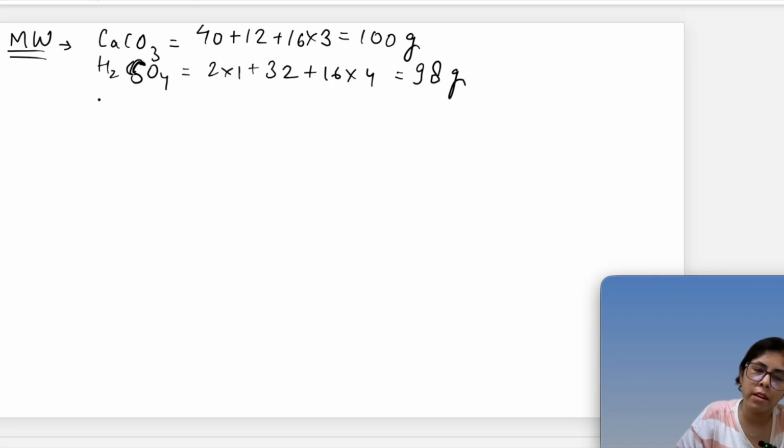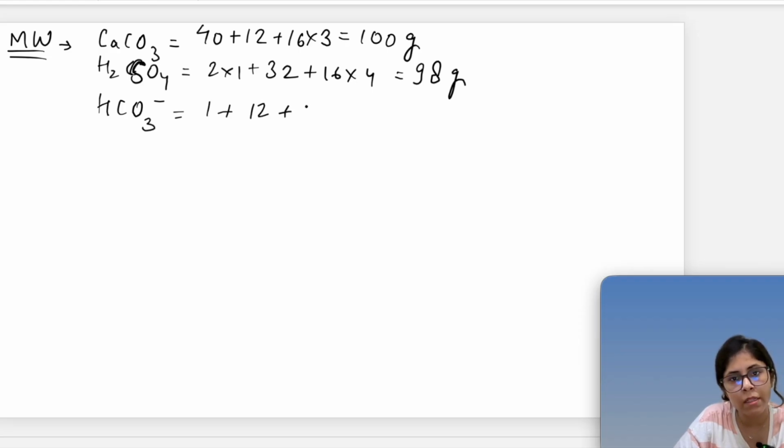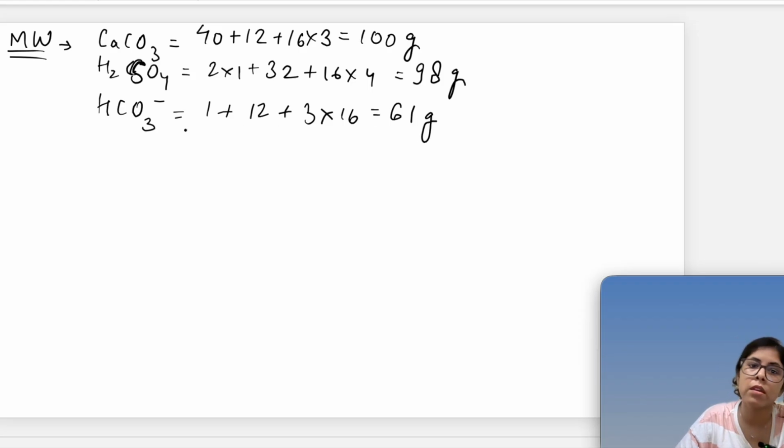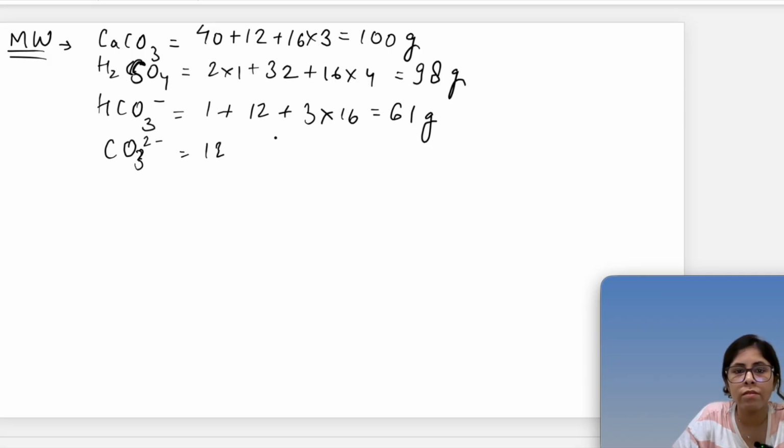And similarly, we have seen bicarbonate. Bicarbonate is 1 plus 12 plus 3 into 16, so its weight is 61 grams. And then we come to carbonate, CO3 2 minus, which is 12 plus 16 into 3, and we get 60 grams.